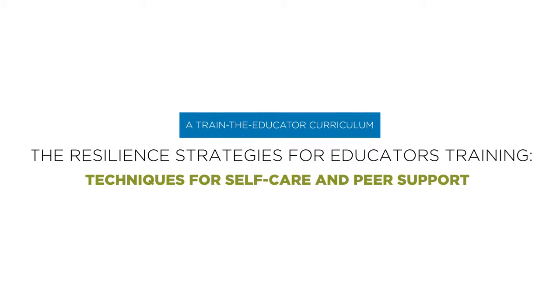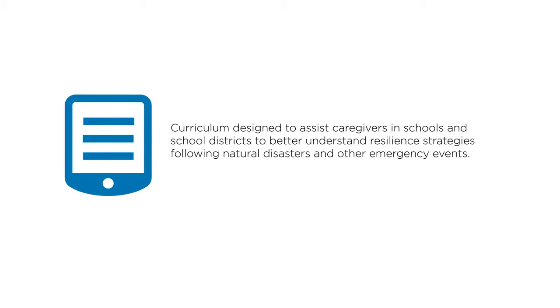The Resilience Strategies for Educators Training, Techniques for Self-Care and Peer Support is a curriculum designed to assist caregivers in schools and school districts to better understand resilience strategies following natural disasters and other emergency events.